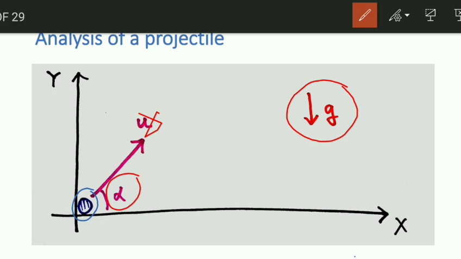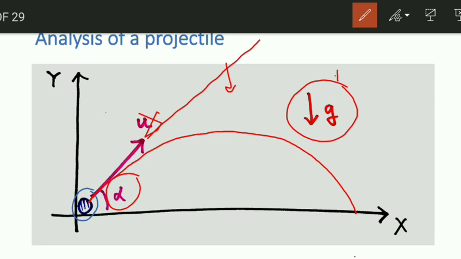So this projectile will not go straight like this because there is gravity acting downwards. Instead of going straight upward, it will follow this type of path. This motion is known as projectile motion. Exactly this is what you are going to learn.